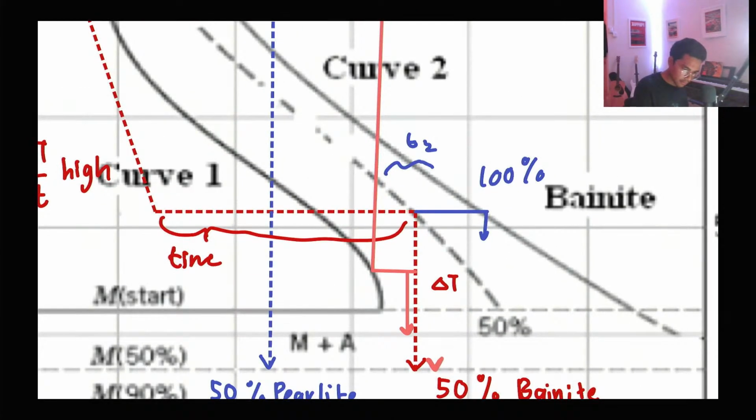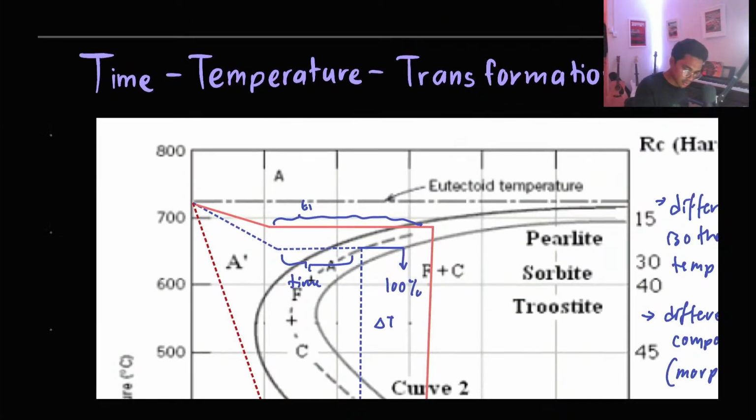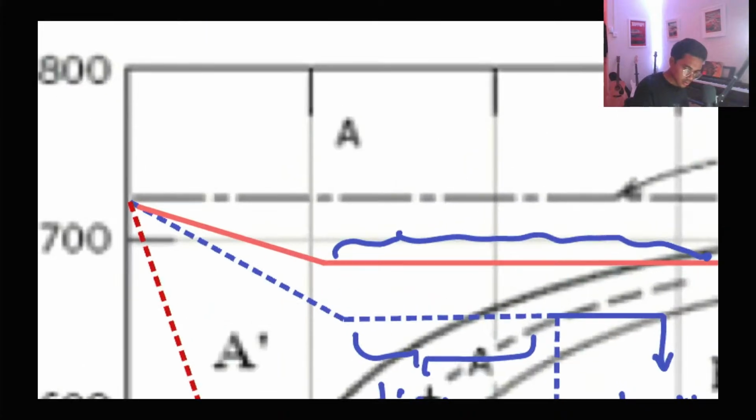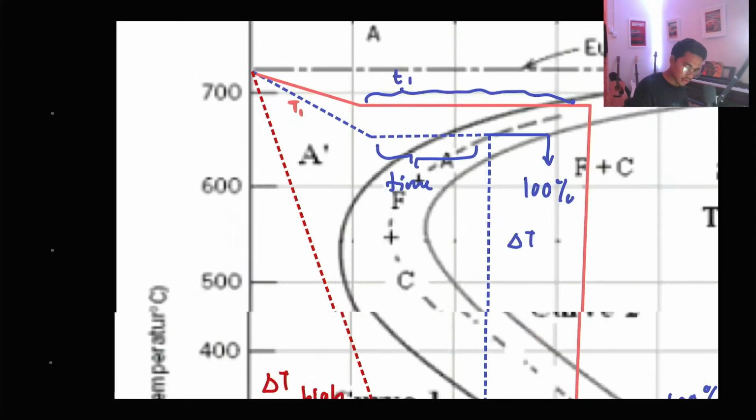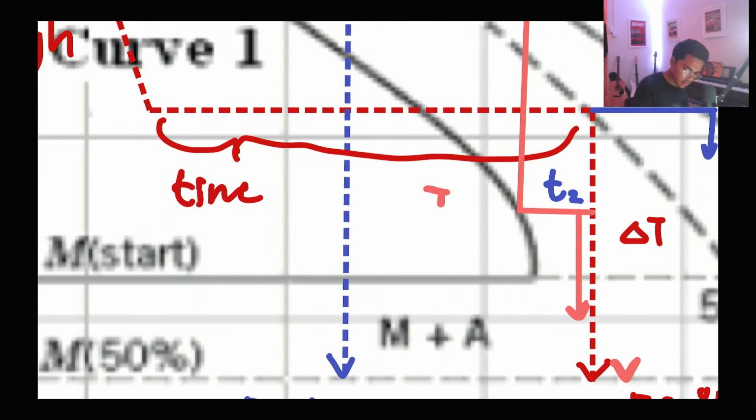You will have T1, T2. This one would be T big, T1 here, and also T2 here. Okay.